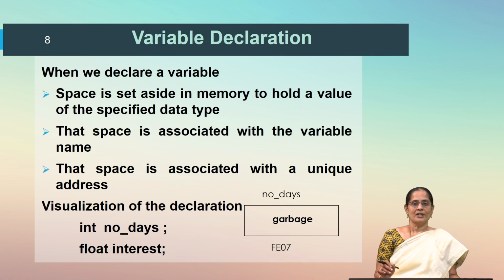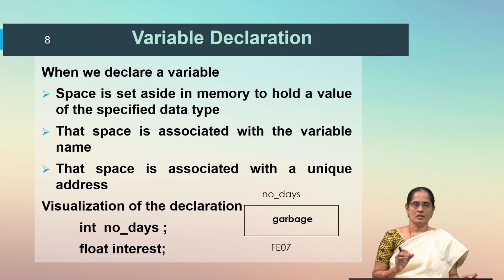Then we will move on to how variables can be declared in a program. What are the ways we are supposed to declare, and what is to be followed? In variable declaration, a specific name is allocated for the variable. Also, a specific memory location is allocated for the variable with a unique address.